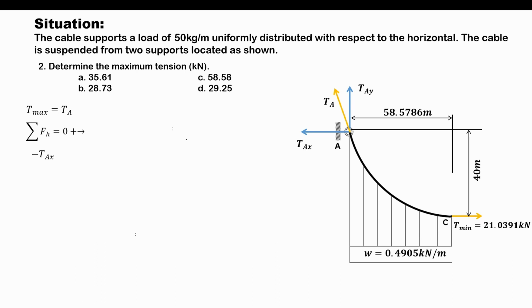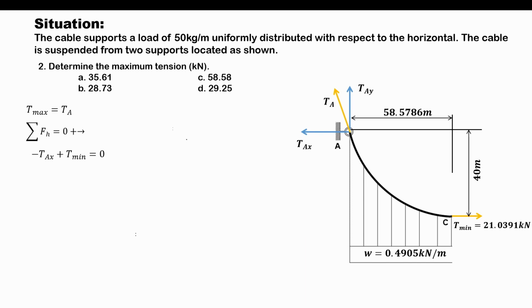The other remaining horizontal force is the minimum tension, and it is acting to the right, so we have positive TMIN equal to 0. Let's substitute the values of the variables with known values.